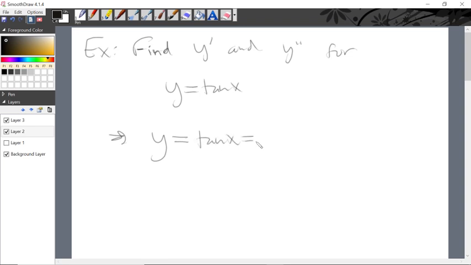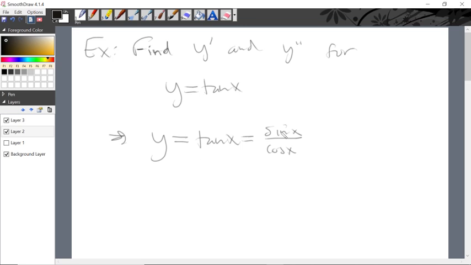Tangent of x, by identity, is equal to the sine of x over cosine of x. In fact, all the other four trigonometric functions are based on the sine and the cosine, right? You can write any of the other four in terms of either sines or cosines or both.